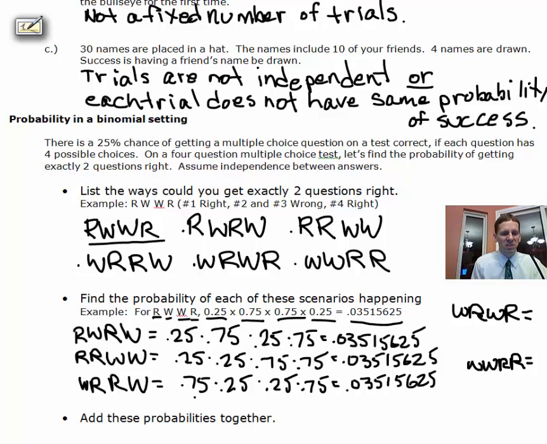For WRRW, 0.75, 0.25, 0.25, 0.75, same result. You'll notice in each of these situations we're multiplying the four numbers, albeit in a different order, so we should always get the same results. So obviously for these other two possibilities, we're going to get 0.03515625.